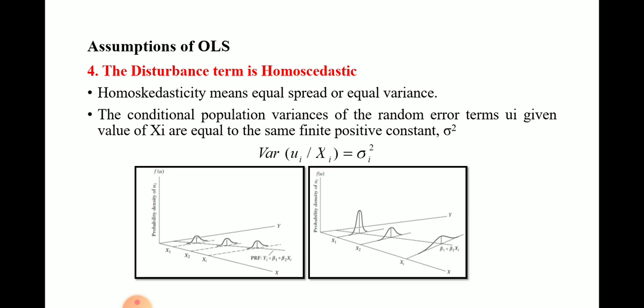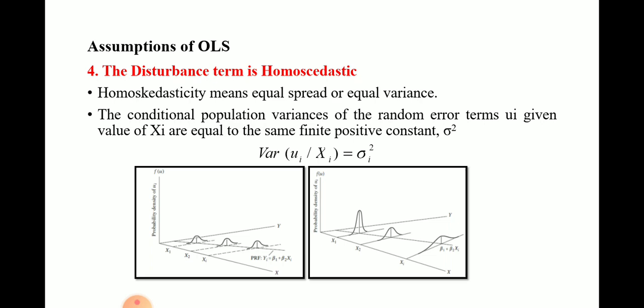Okay, so when we estimate the mean value, it should be equal to 0. That's the third assumption. But when we estimate the variance, there are different income groups, as I told you in the previous examples: 80 income groups, 100 income groups, 120 income groups. In all these income groups there will be variations, but the variation should be the same for all income groups.